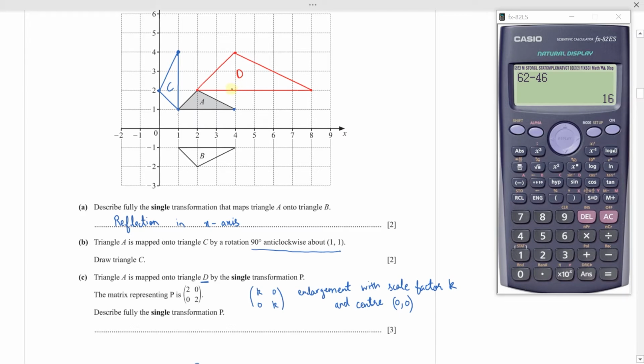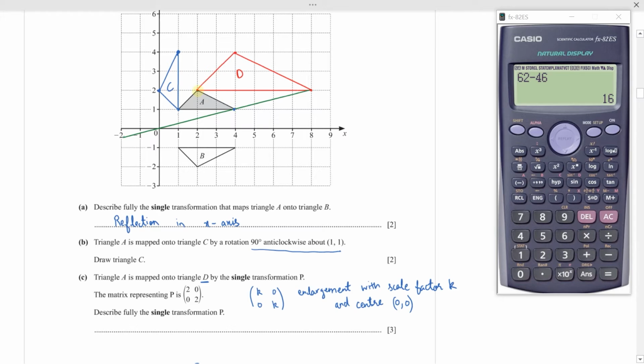Now, the next thing that we need to do is find the center of enlargement. To find the center of enlargement, we join the image and the object through a straight line. So I will join this. This vertex is mapped onto this vertex after the enlargement, so I will join these two with a straight line like this.